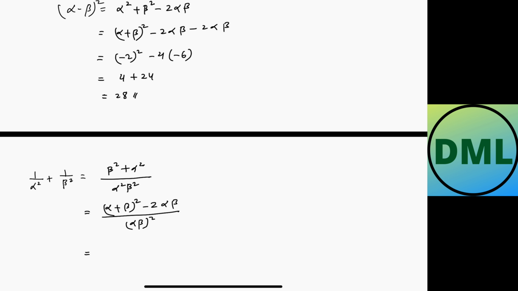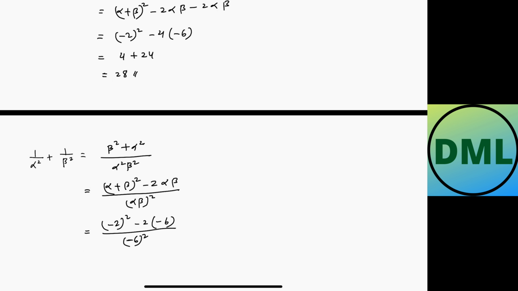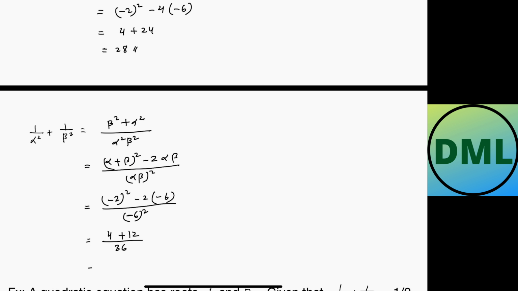Let's substitute the values here. Alpha plus beta is minus 2 the whole square, minus 2 alpha beta is minus 6, over minus 6 the whole square. Let's solve it here. That will be equal to 4 minus minus plus 12 over 36, that is equal to 16 over 36.